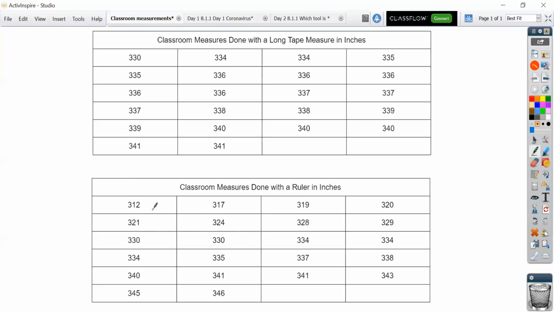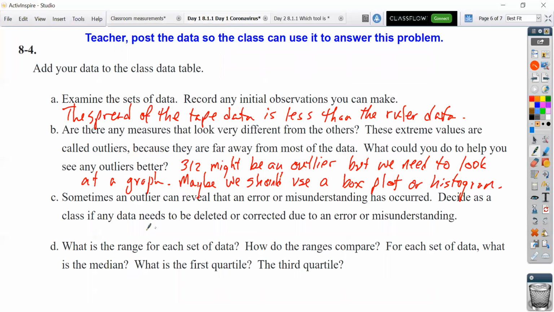Maybe they missed one of the feet or forgot that they had counted one of them wrong. That's possible. The tape measure, less likely that they made an error, because they may have only had to do the entire tape measure 4 or 5 times across the room, maybe only 3 times to get across the room. So getting back to problem C, we're going to say we're not going to delete any data.